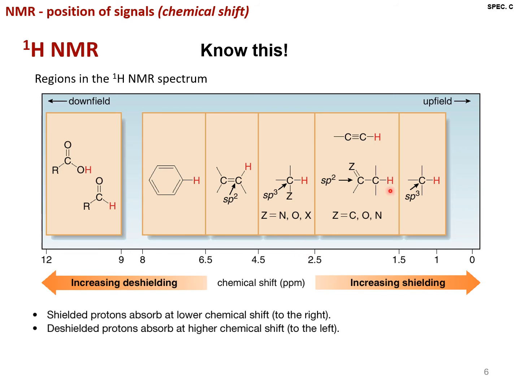And here we have an example of a hydrogen on a carbon which is then attached to a carbon bearing electronegative atoms. As you would expect, that would be a little bit further upfield. And then all of this, just typical hydrocarbon, ethyl, methyl, propyl hydrogens are going to be way upfield, closer to about 1 part per million.